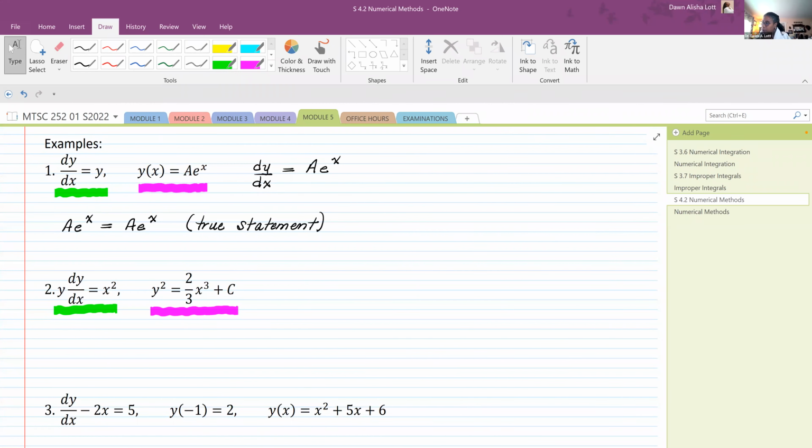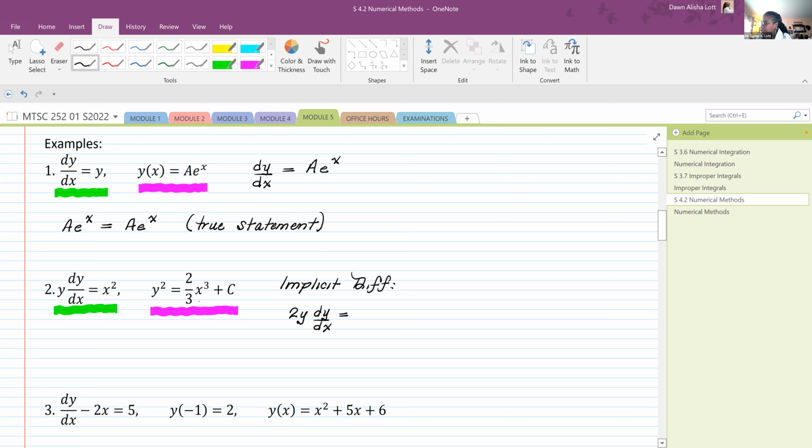Okay, so I'm going to use implicit differentiation to differentiate this. Implicit differentiation says, if I take the derivative of the left-hand side, I'm going to get 2y dy dx.